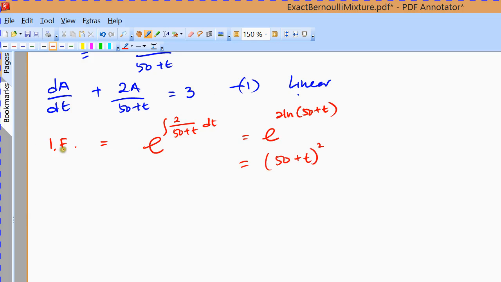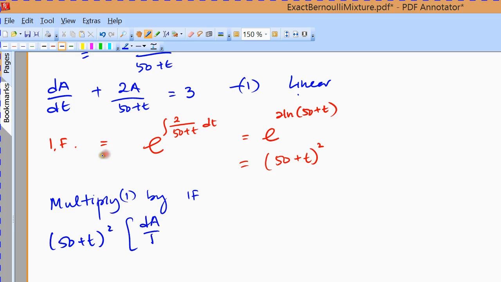Now I'm going to multiply equation 1 by the integrating factor, and so we have (50 plus t) squared multiplied by dA/dt plus 2A over 50 plus t equals 3 multiplied by (50 plus t) squared.